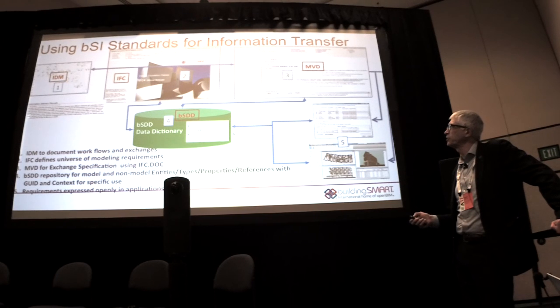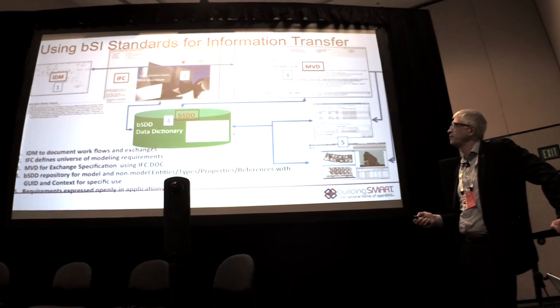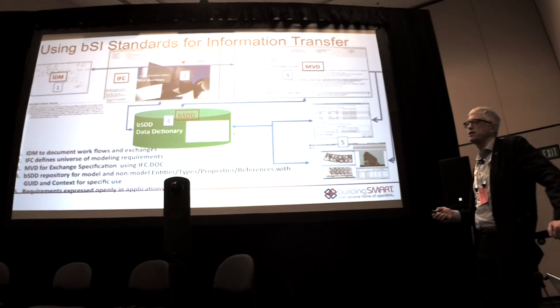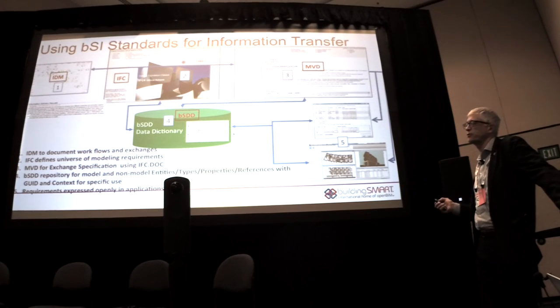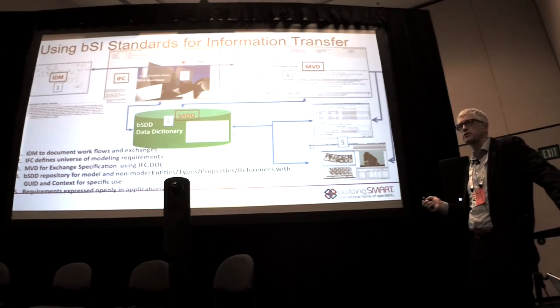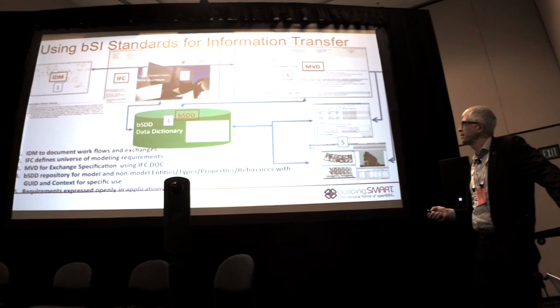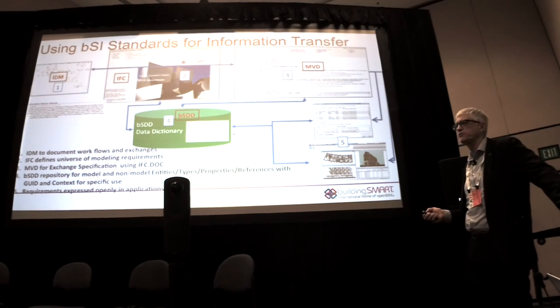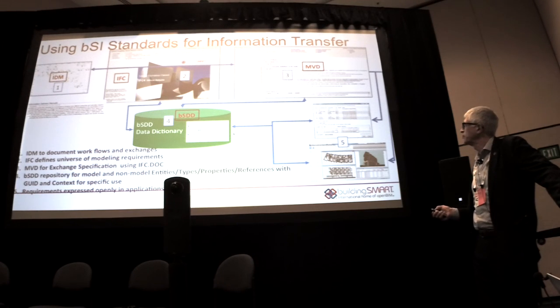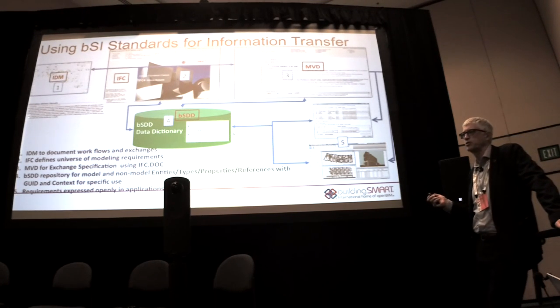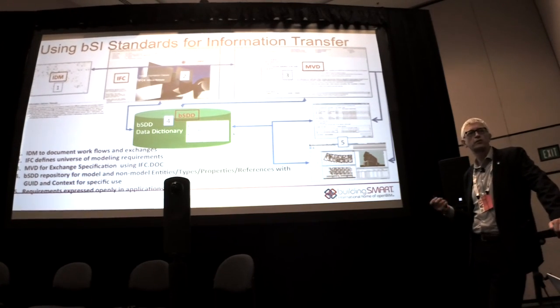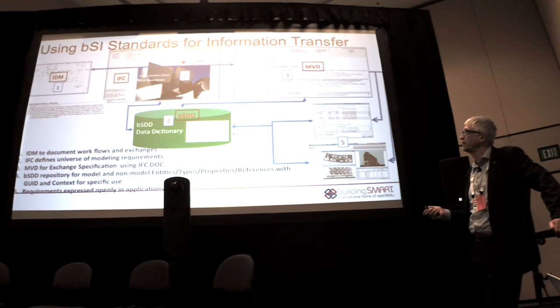And so if we use Building Smart's tools, we can go from a process model view, use the IFC model to establish requirements and say specifically what those are in a way that ties to a particular use, have a collection of the data, the types of data that we're using in that exchange, and establish what that is so we can manage it, and then be able to let multiple pieces of software access this information and make their software work in the way that it's required to work to meet any particular example.